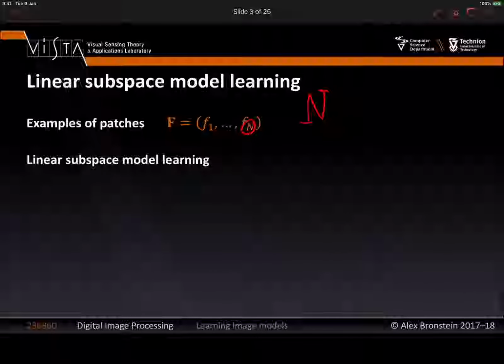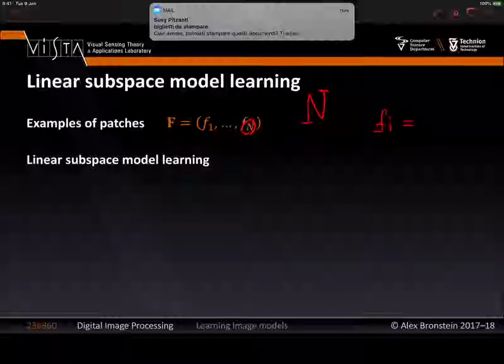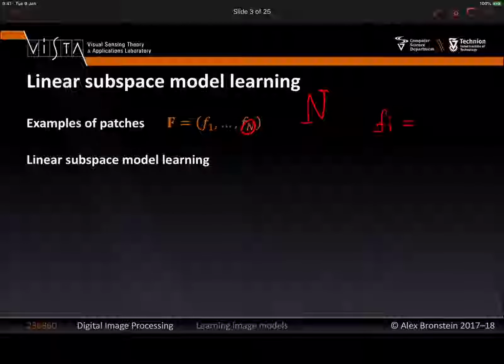So what does it mean that I have a linear subspace model? It means that every patch Fi can be represented as a superposition of some basis functions that I don't know, I need to learn them. This is the representation of that linear space that I drew before, multiplied by some set of coefficients, some set of coordinates. And those coordinates will be k-dimensional because I'm assuming a k, low-dimensional space model.